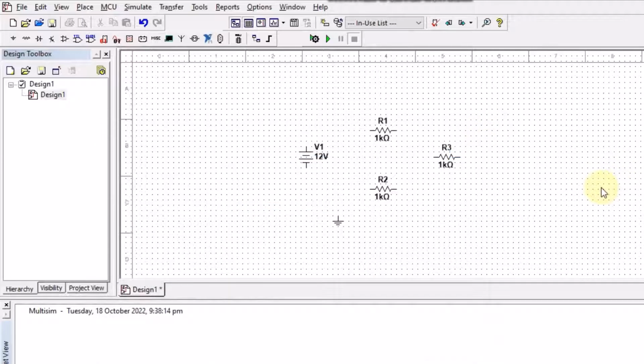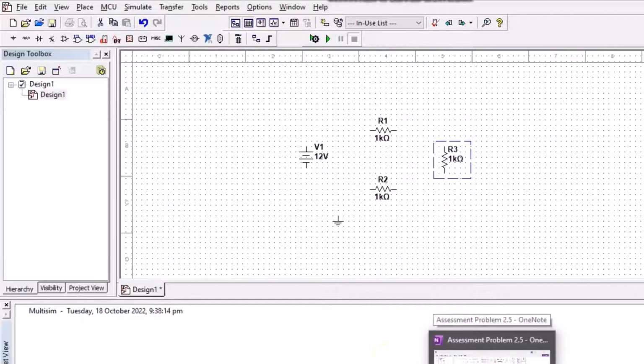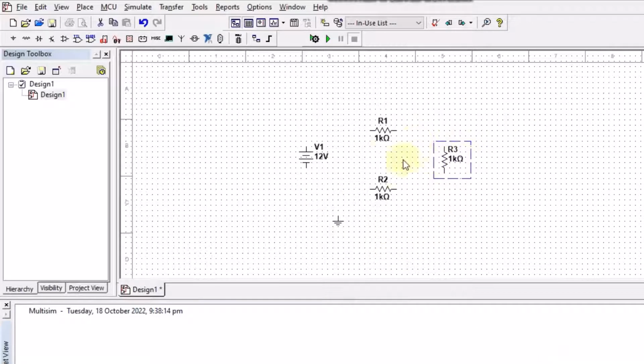So we have to construct a circuit from these elements. Let me rotate it, and the circuit will be like this one. We will change the values of these resistors and this voltage source as well. Before that we have to connect the multimeters with this circuit.